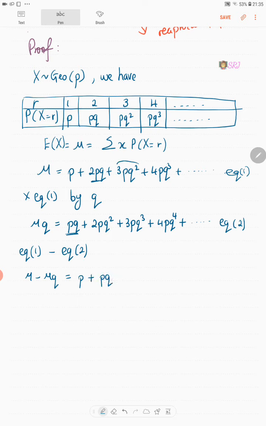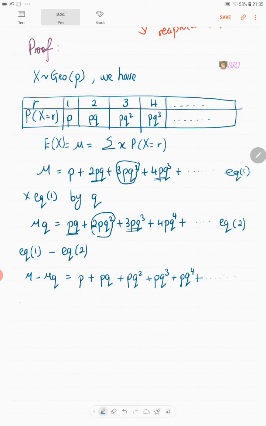Here we have 3pq square minus 2pq square, so we obtain pq square. Then 4pq cube minus 3pq cube gives us pq cube. This will continue like that, with pq power 4 and so on.